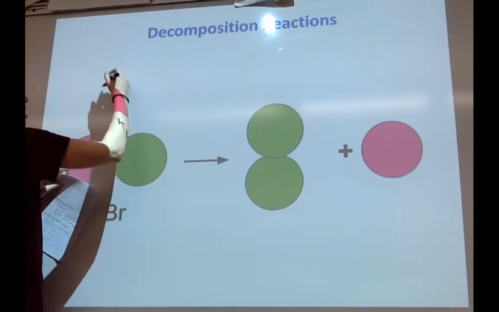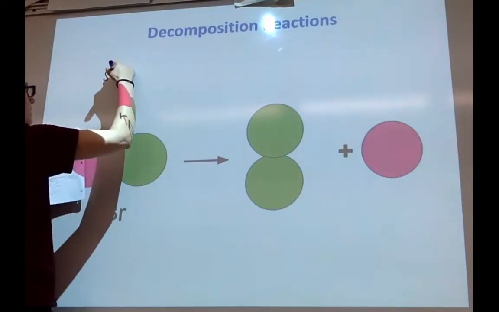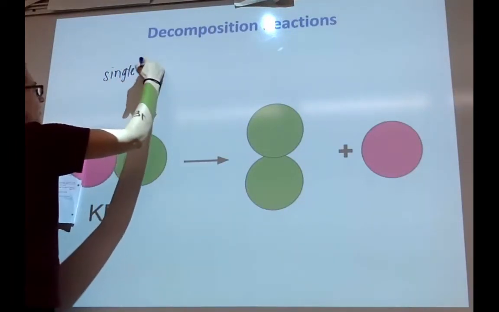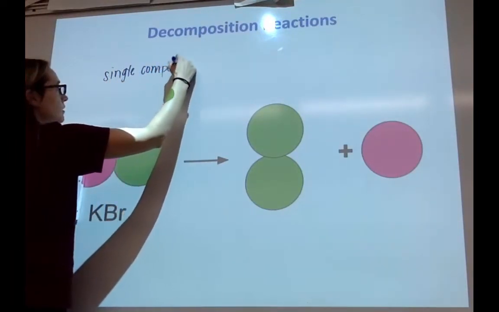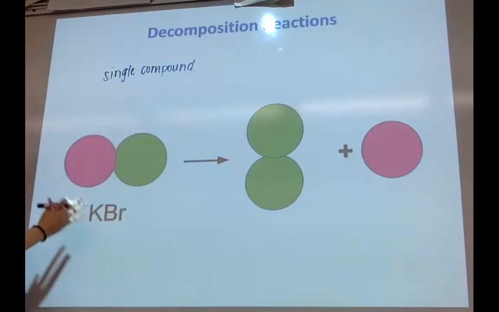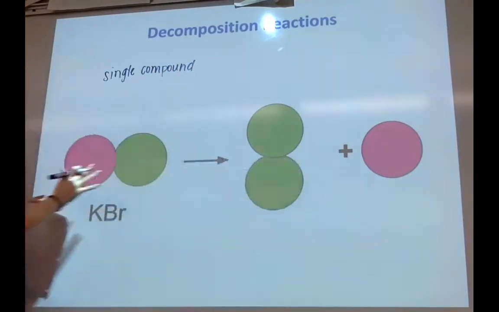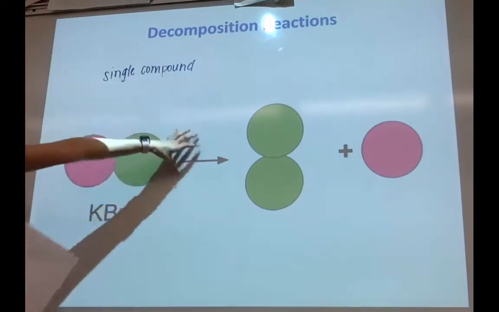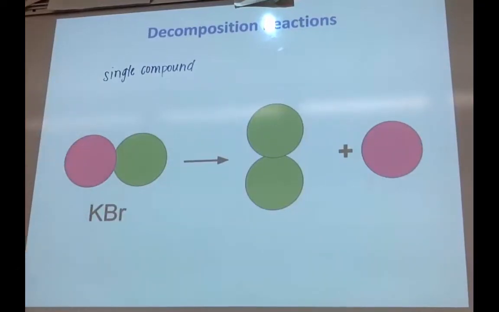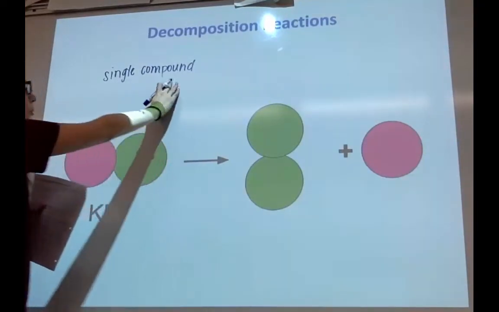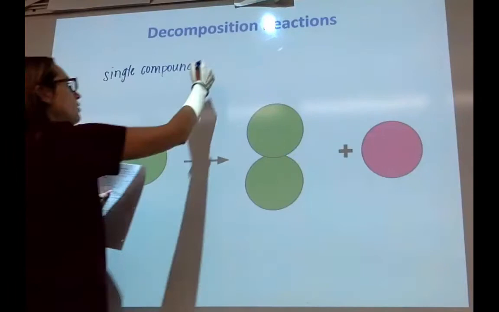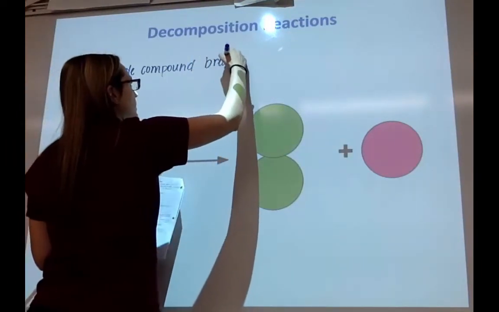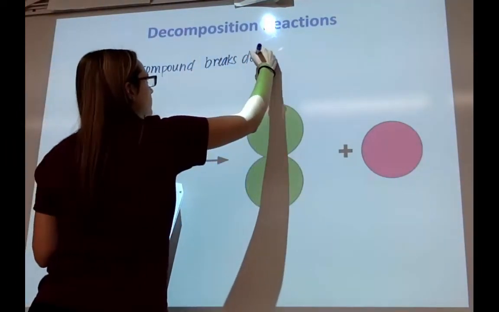So in a decomposition reaction, we have a single compound, and I gave this particle diagram example as well. If you want to draw the particle diagram as well, you can. These slides will go into Google Classroom, so you can go back and look at these as needed. So a decomposition reaction is when you have a single compound that breaks down.